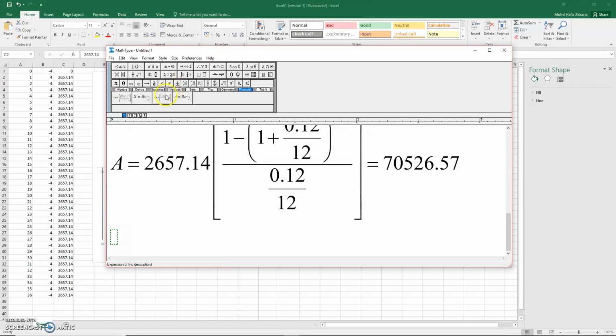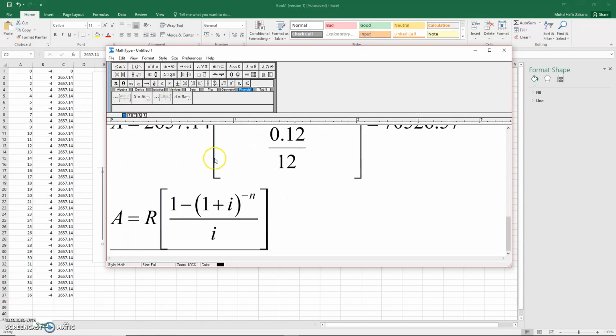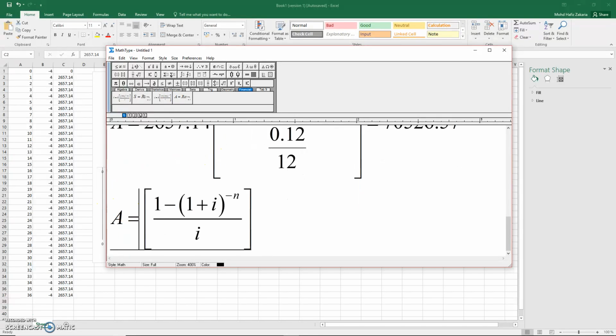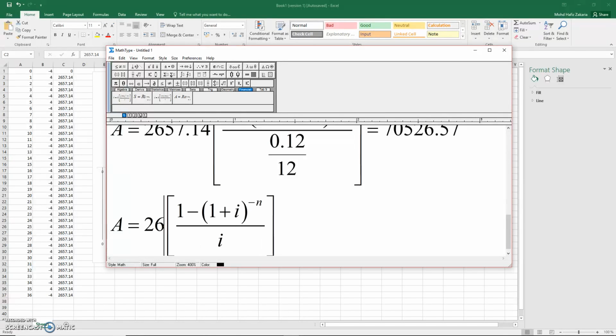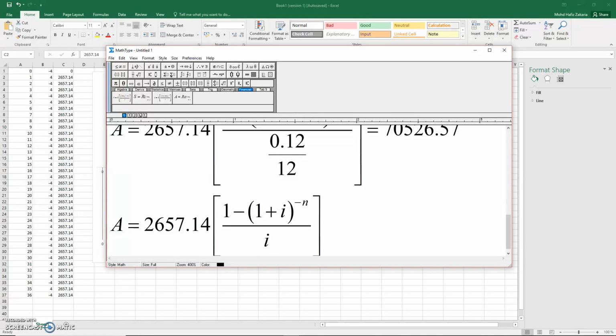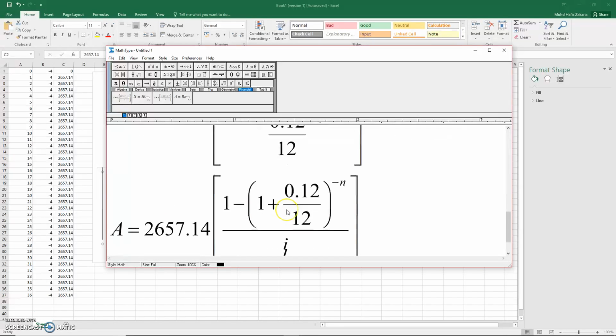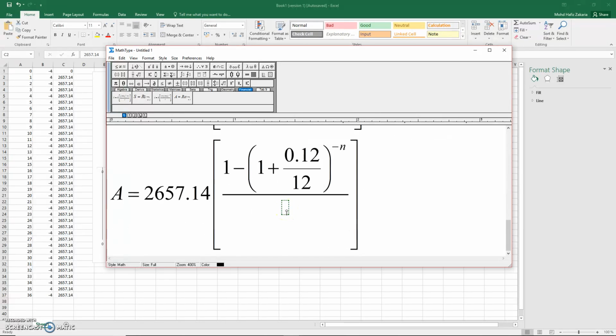Now let's calculate the discounting value using the present value formula. We have 2657.14 times all of this. The n here needs to be calculated starting from the seventh payment period, so 7 until 36 is 30.